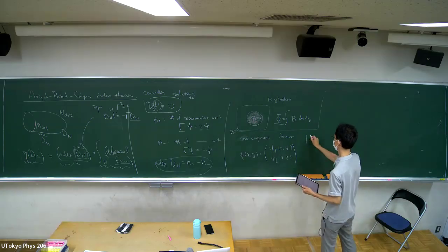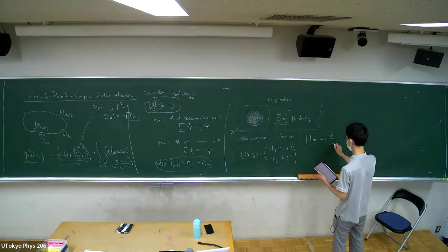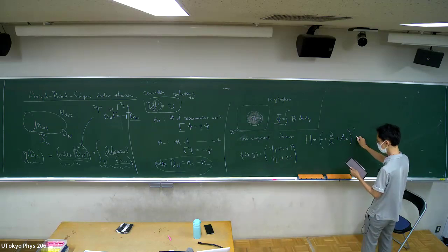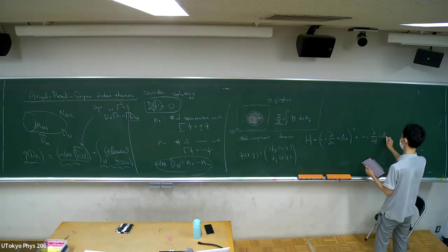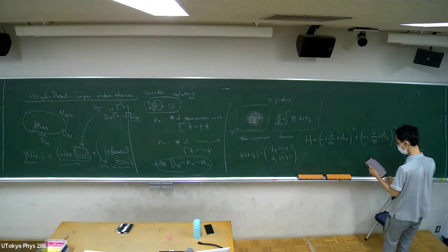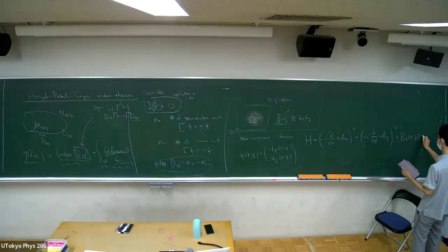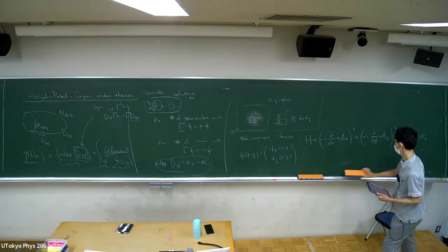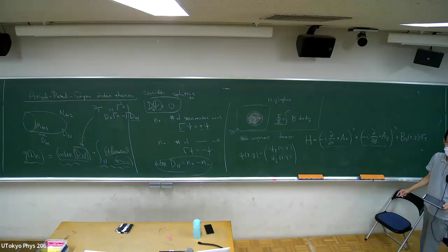Let's say the Hamiltonian of this system is given by (p_x - A_x) squared plus (p_y - A_y) squared plus B_z(x,y) sigma_z. This is the standard Hamiltonian for an electrically charged spin 1/2 particle.